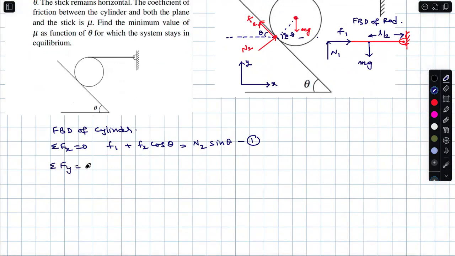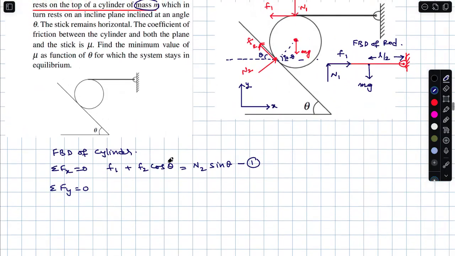Sigma Fy is 0 for the cylinder. What are the downward forces first of all? N1 is a downward force. Mg is a downward force. What are the upward forces? F2 sin theta is an upward force. N2 cos theta is an upward force.